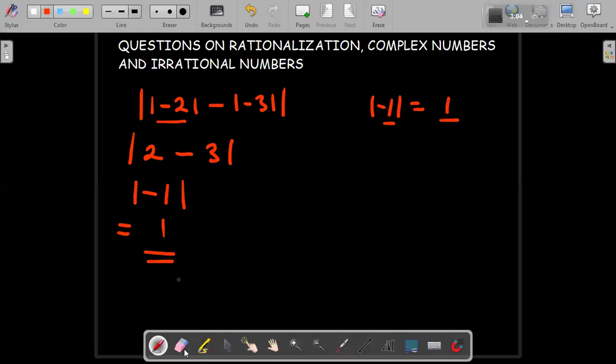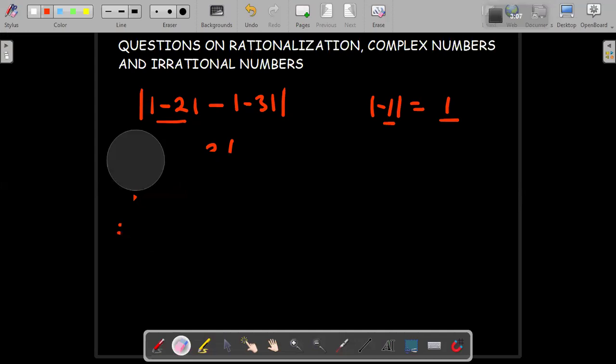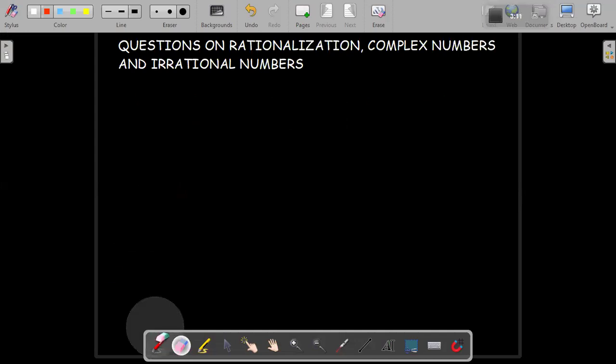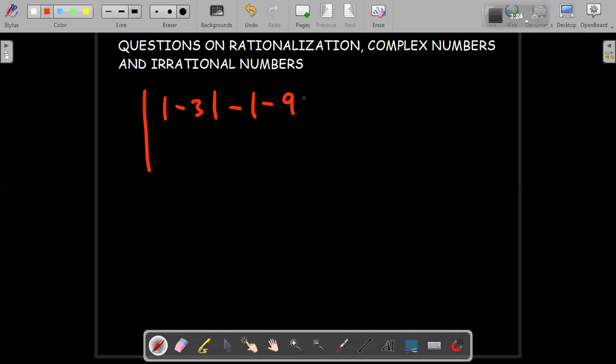I'll move to my board again, and I will erase this just to make more space. So the question is this. I have a bigger modulus, then there's 3 here minus 9, then I have modulus 3, then minus, then I have -2 here.